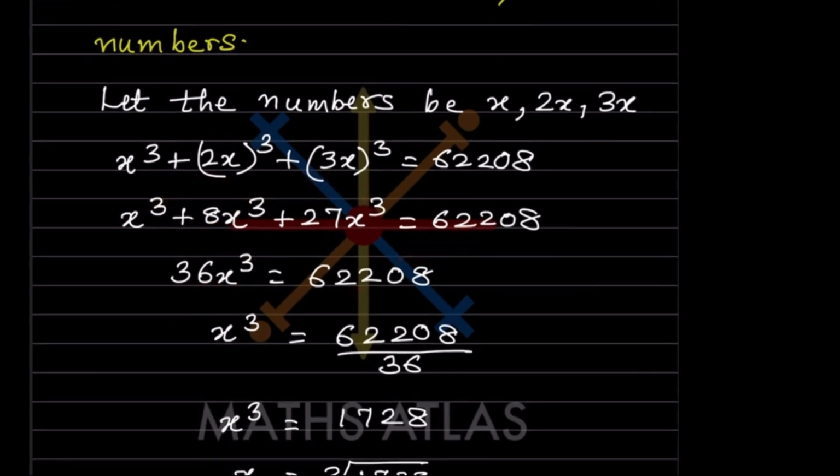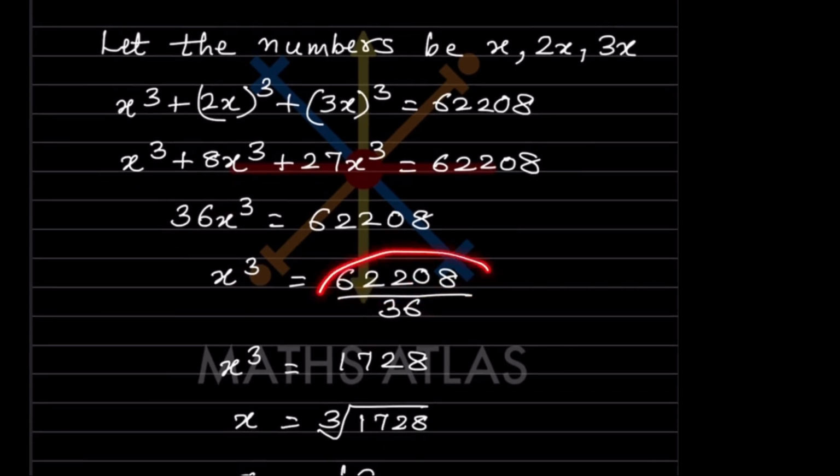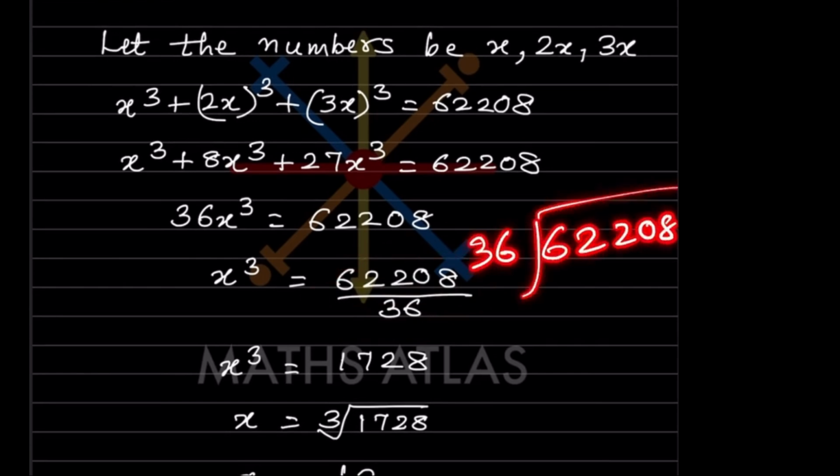So now here x cube will be, this is actually multiplication over here. So this goes in the denominator, but it changes the sign. So when you divide this, you can just divide and see. You can use this method, you can just divide because it's a big number.